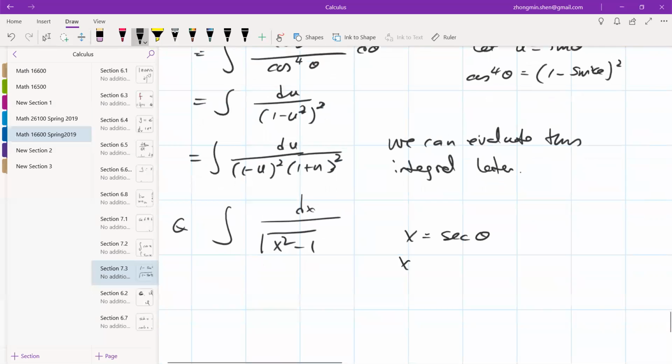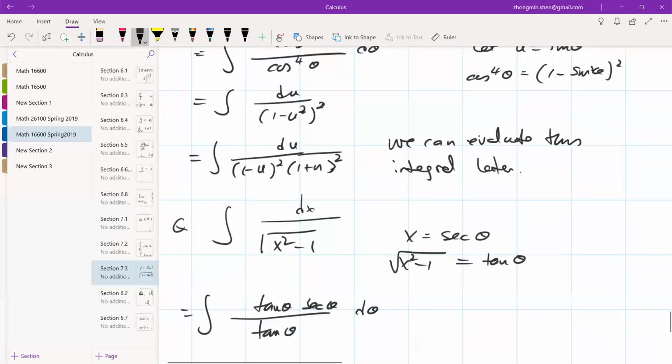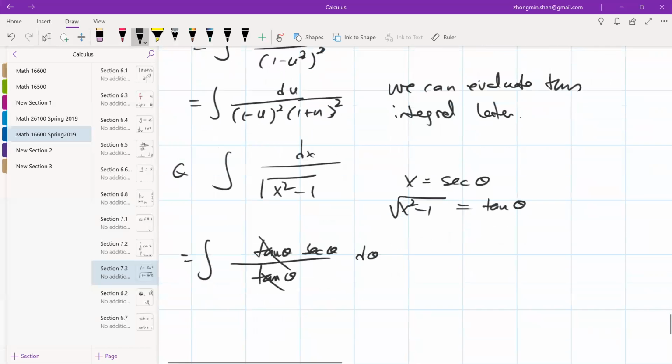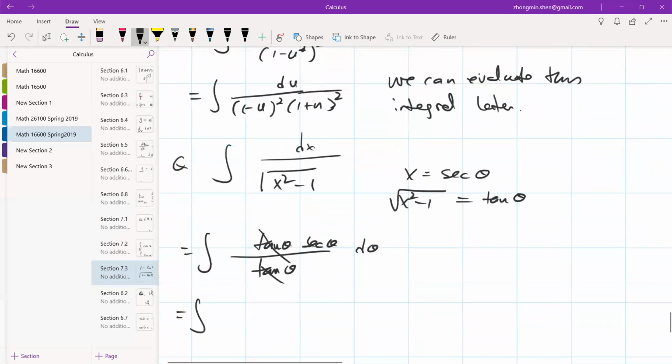Then the square root of x squared minus 1 is going to be tangent theta. So dx is going to be tangent theta secant theta d theta. And then tangent theta, now squared, cancels out. That's an easy problem. It's going to be the integral of secant theta d theta.